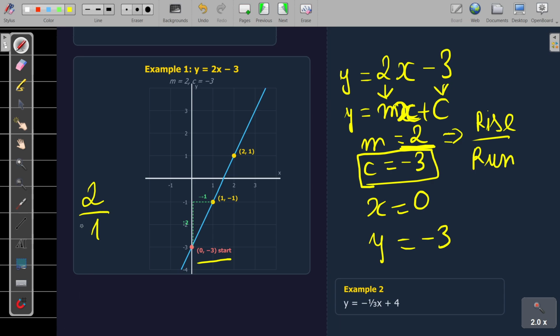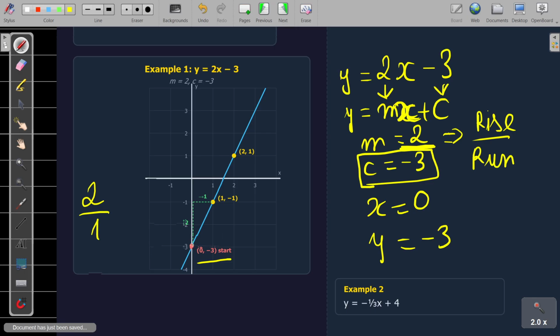Rise 2, run 1. We can think of rise 2, run 1 like this, because it's rise over run. It means the difference in vertical terms should be 2, and the difference in horizontal terms to the right will be 1.